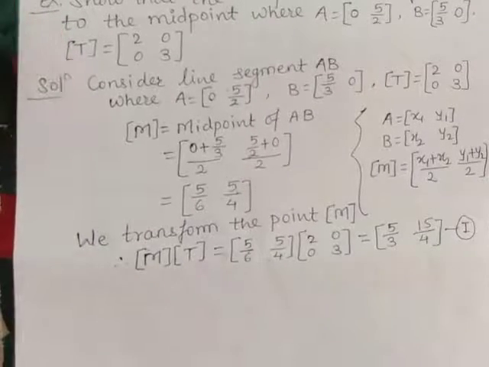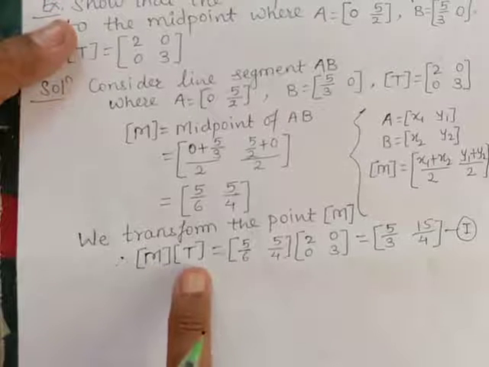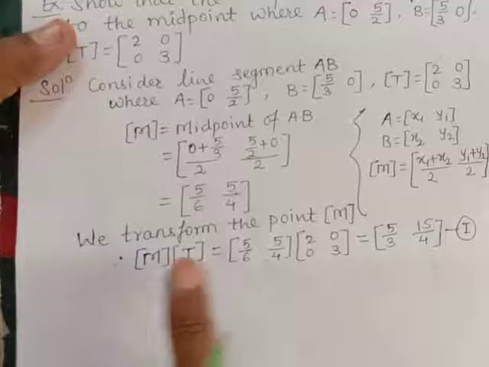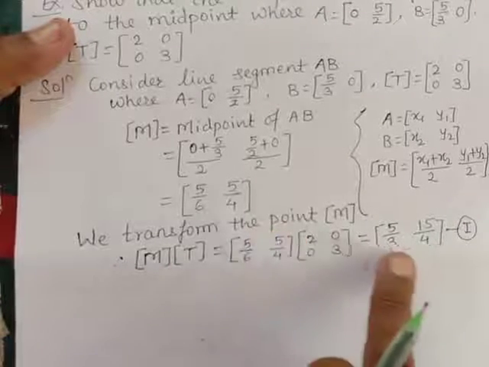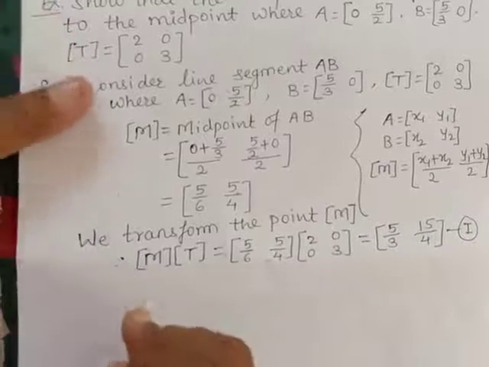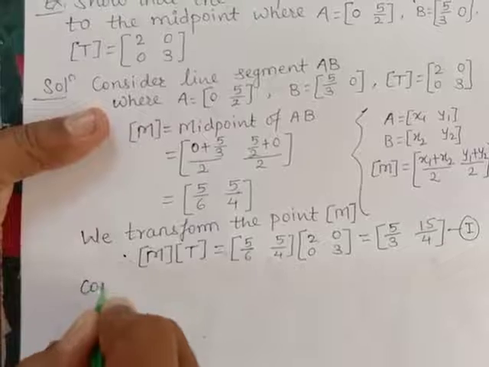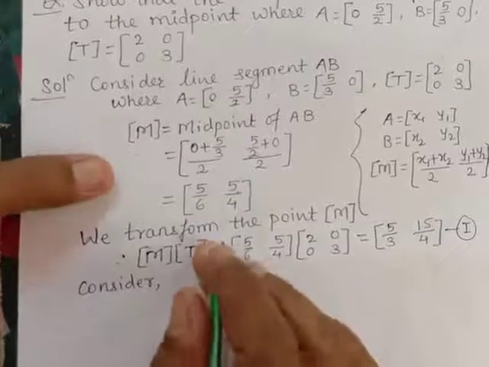Suppose we have obtained the answer by applying a transformation matrix T on M, the new transformed coordinates of point M. Now consider A star.